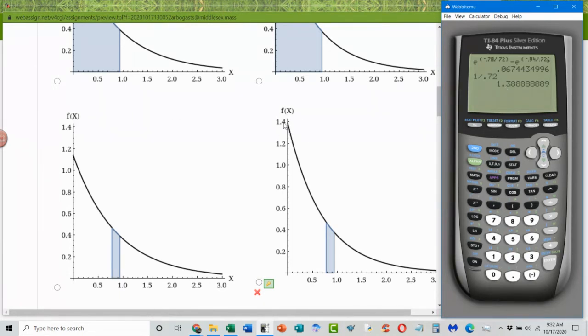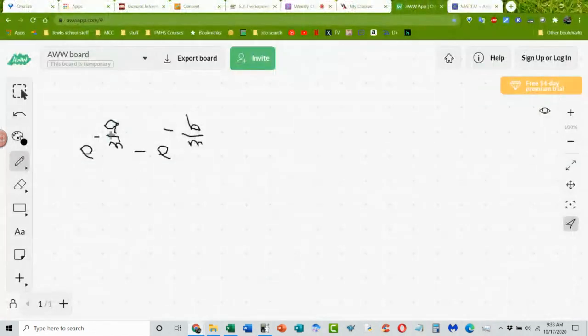Professor. Yes, ma'am. Why are you putting the negative sign in front of the 78? Oh, well, because the formula to do the math, we have to get the negative of those things.